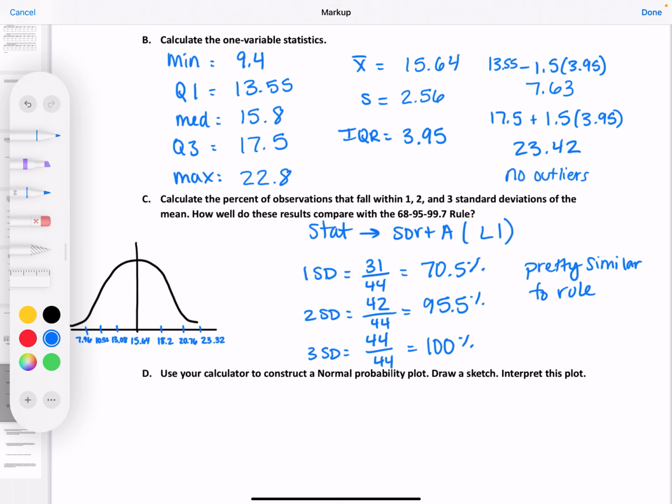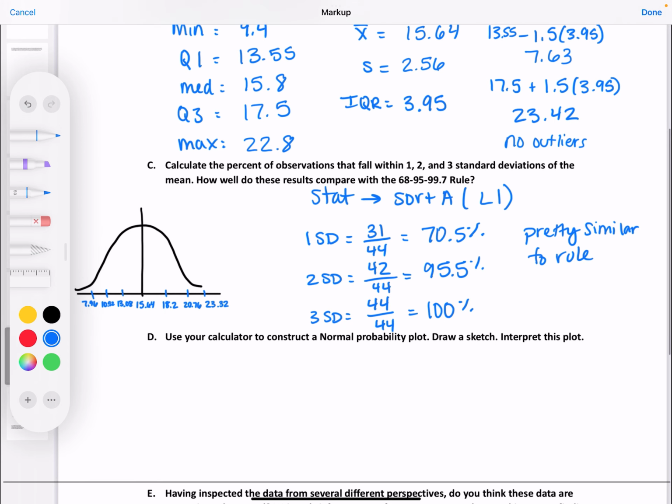And then you can just hit zoom 9. So in theory, you should see something. Oh, I lost it. Just hit the graph button again and it should come back up.